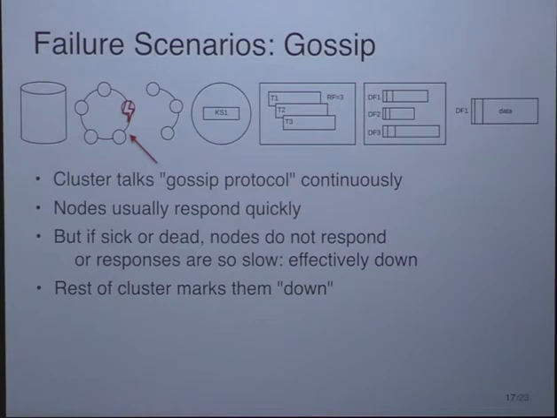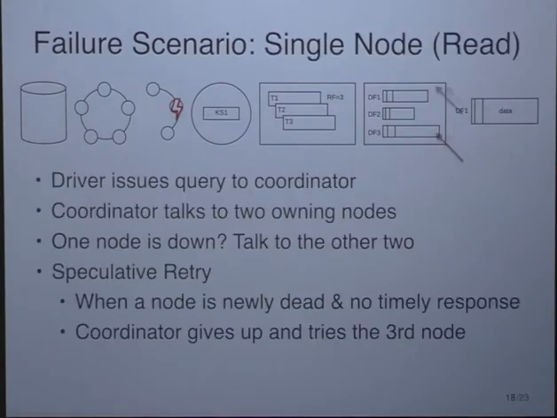I think that's also part of gossip, but if the responses get so slow, it's basically marked down because it's effectively down because the responses are so slow. Once a node is marked down, that information is echoed out to the driver, and so the driver won't even try talking to the down nodes, and the coordinators won't even try talking to the down nodes.